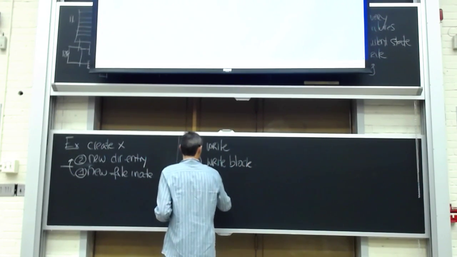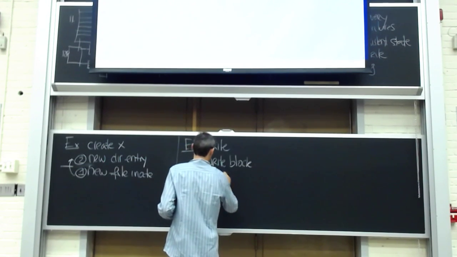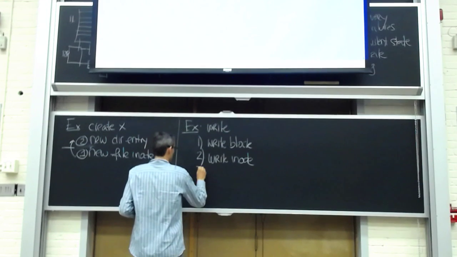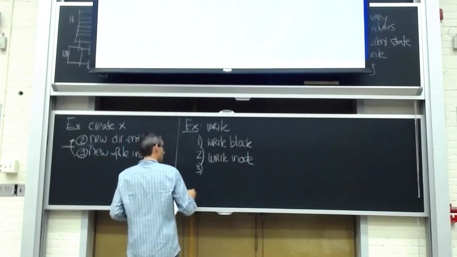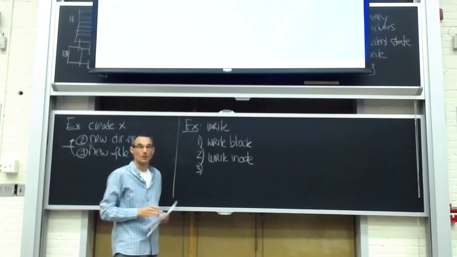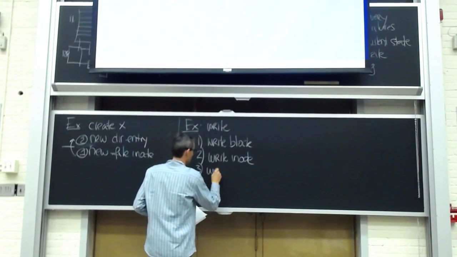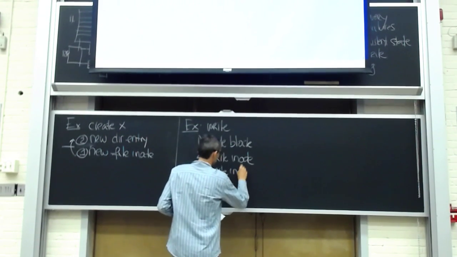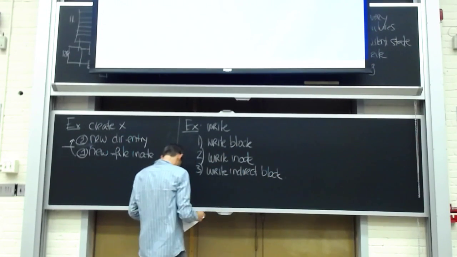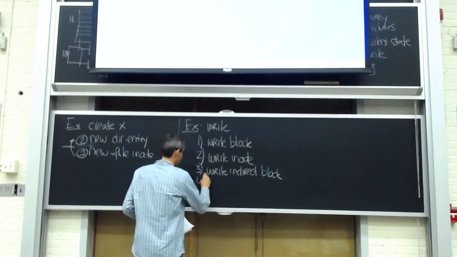Second, we write the inode, because we have to update the inode to record that this file has a new block. Third, maybe this is part of an indirect block, as we saw before, so maybe we'll write the indirect block too. And we presumably have to update the free map too.